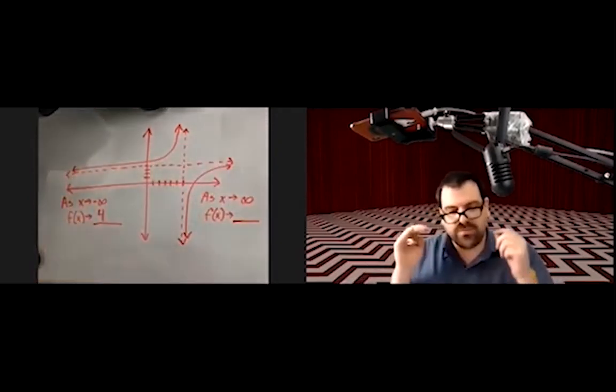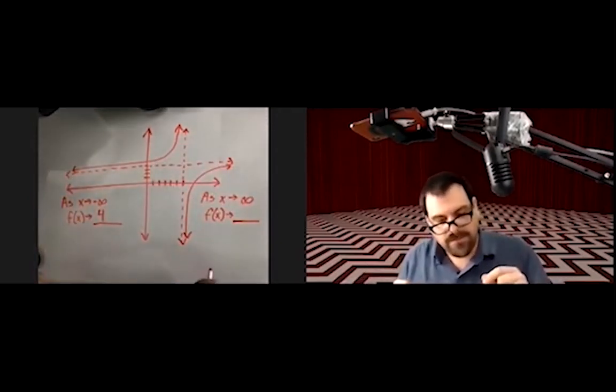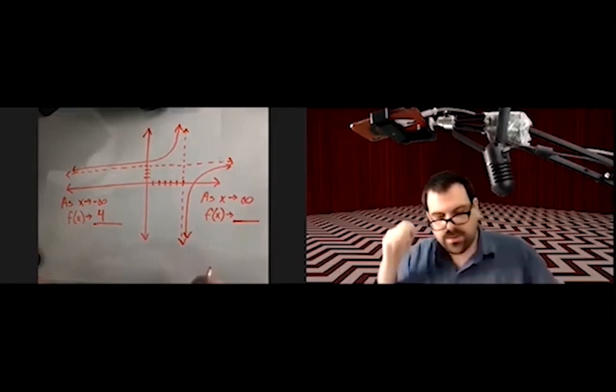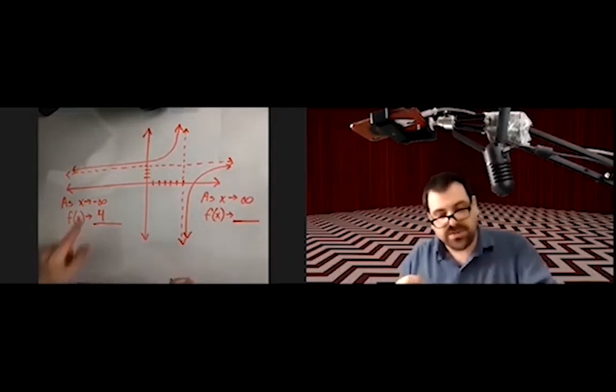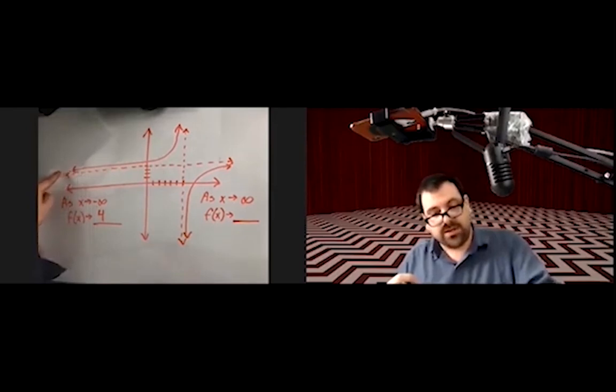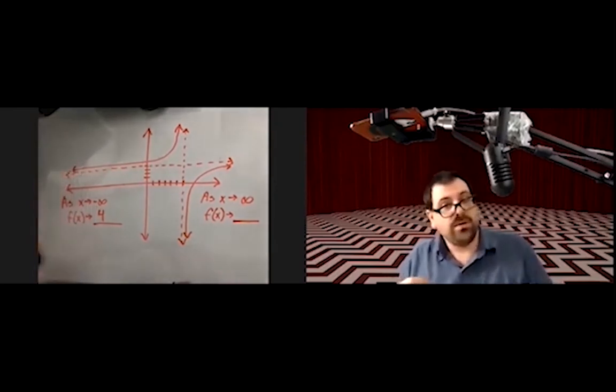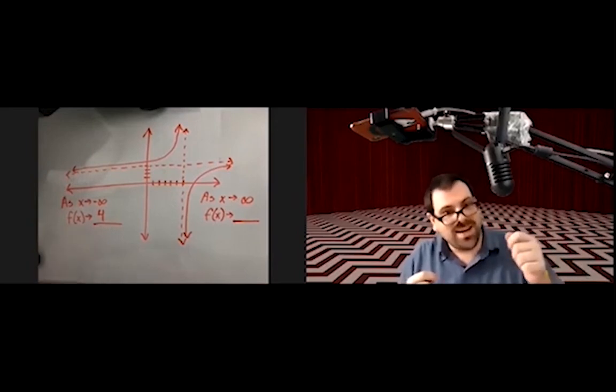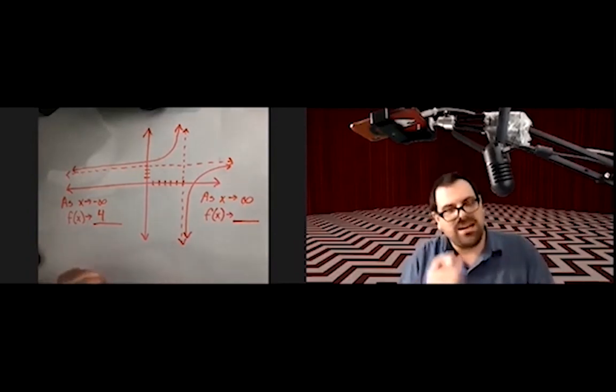Whatever this function is, if we were to put a whole bunch of different x values in, it'd get closer and closer to an output of 4: 3.9, 3.99, 3.999, 3.9999999, but we're never going to hit 4.